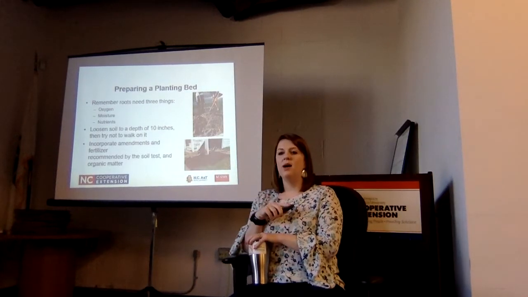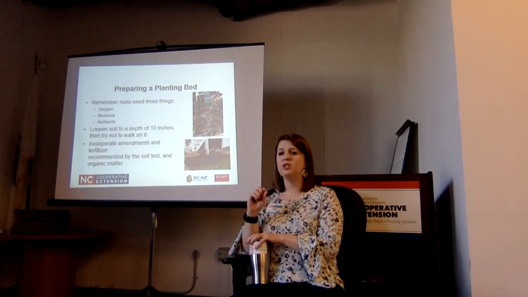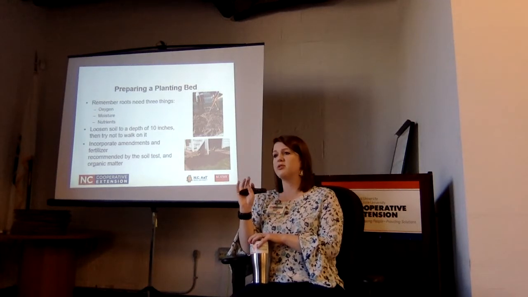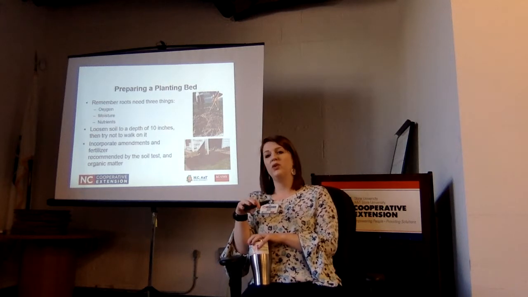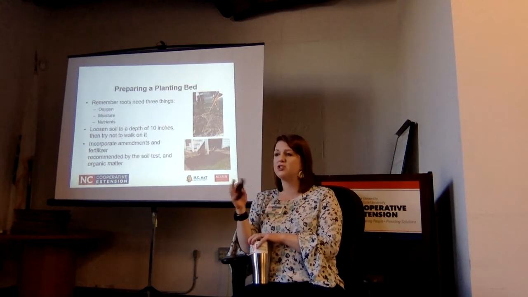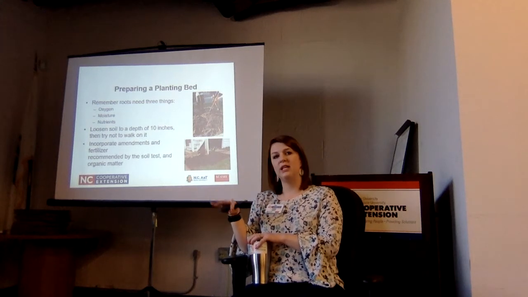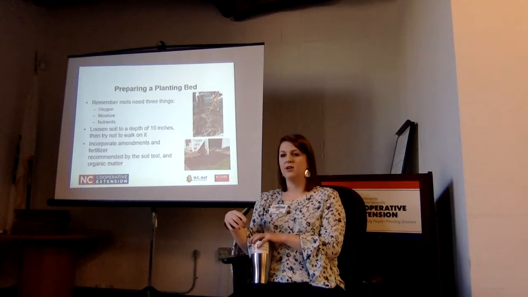So as far as preparing the planting bed, again, plant roots need oxygen, they need moisture, and they need nutrients. So make sure to loosen that soil to a depth of about 10 inches or so. And then when you finish loosening up that soil, try to make sure not to walk on it, because that's going to compact it back down.